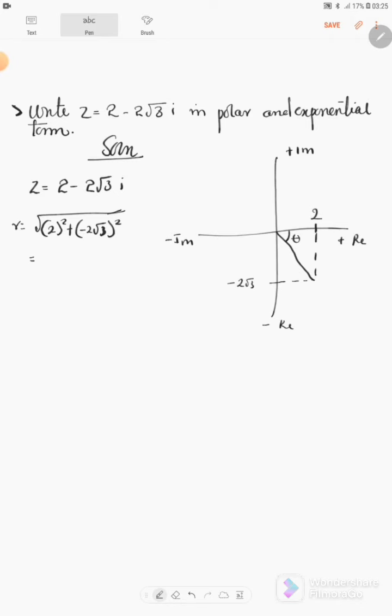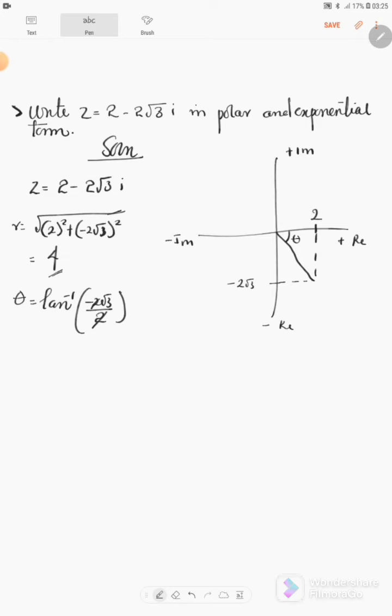That gives us 4 as our r. Now theta, just as the formula says, theta equals tan inverse of b over a, and b is minus 2 root 3 over 2. If 2 cancels 2, we find tan inverse of minus root 3.